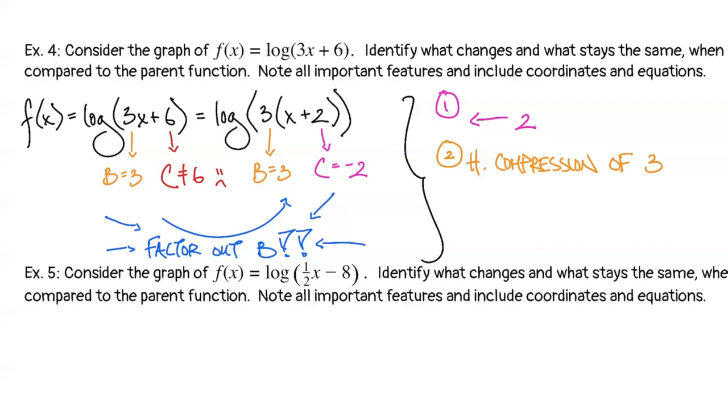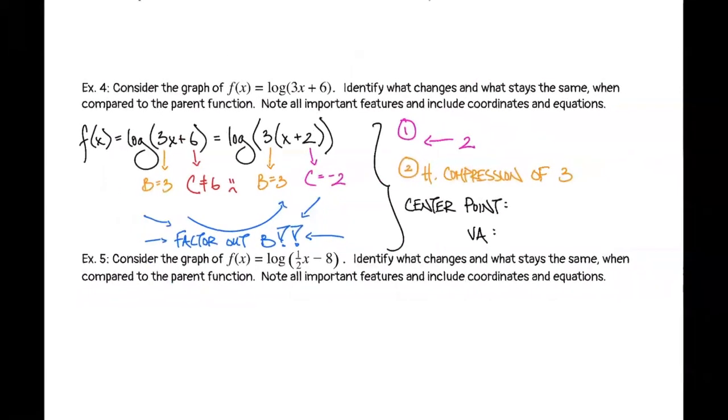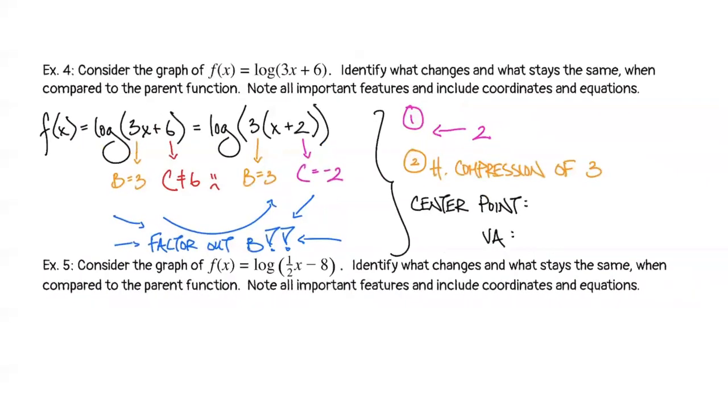Can someone tell me where our new center point is? And where our new vertical asymptote is? You might have to go back and look at that picture, the one of the logarithmic function that we drew above.